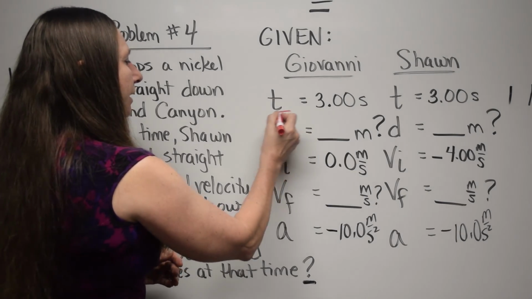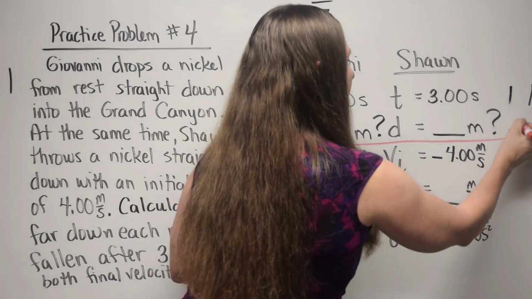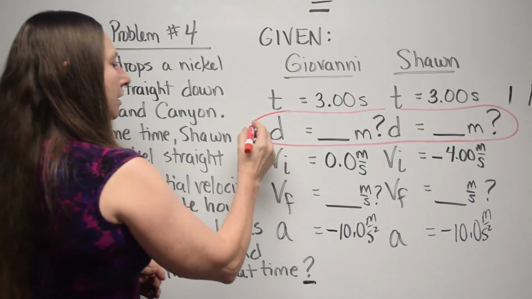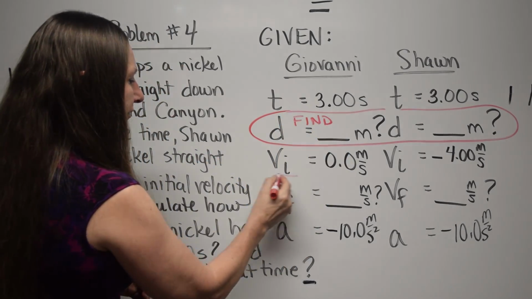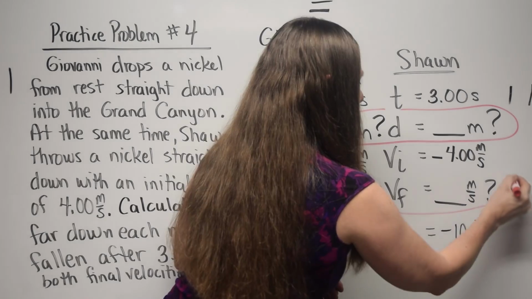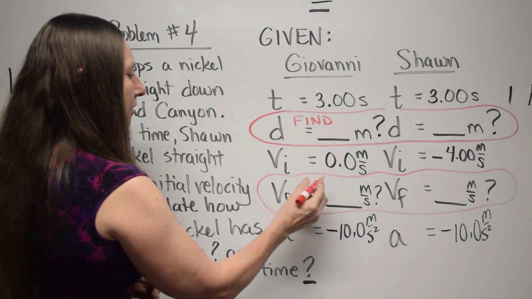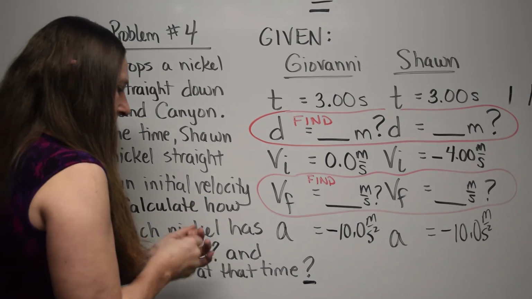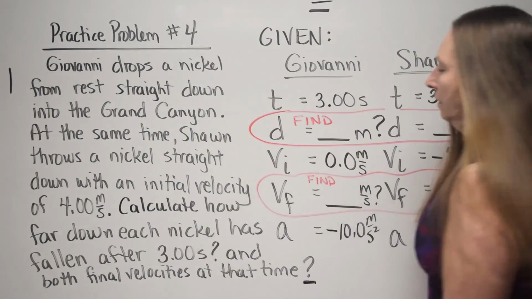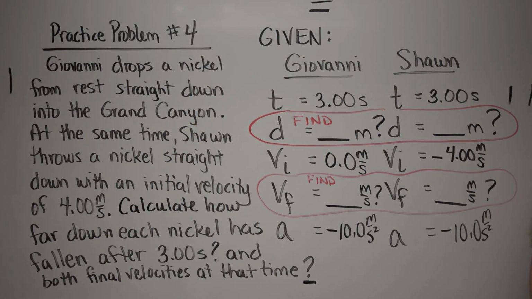We want to find displacements here, and we want to find final velocities right there. So we have our givens, and we know what we're trying to find.